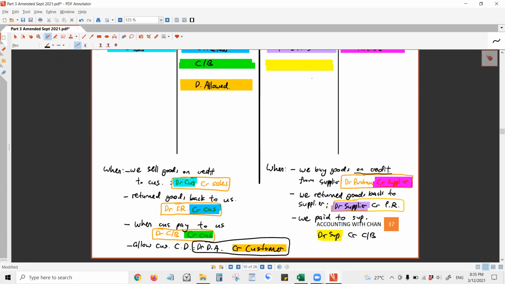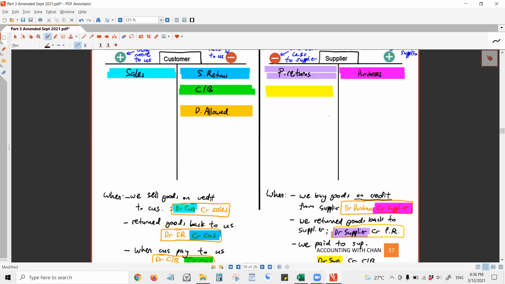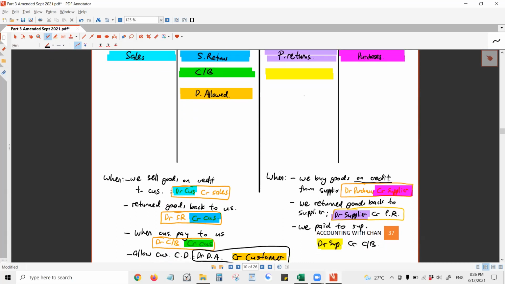So the plus and minus sign is very consistent with what you have learned for the T entries. So cash-bank will appear here. It's either cash or cheque. Sometimes when they don't mention whether it's cash or cheque, you write cash-bank.